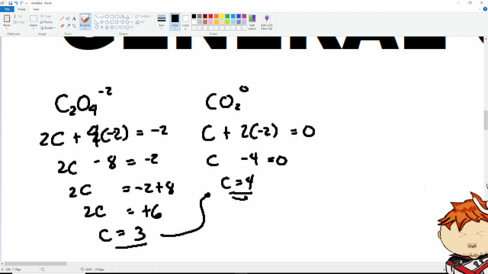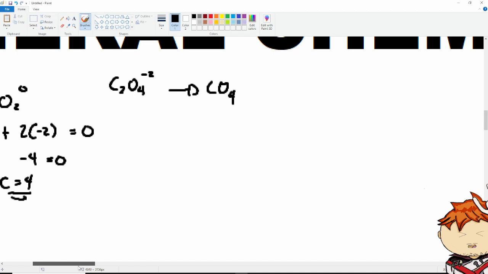Meaning your carbon, C2O4 negative 2, going to CO2, changes state. It becomes 4. It oxidized. So meaning, it lost an electron. Because this is positive 3, this is positive 4, it oxidized, it lost a negative value. So it lost an electron.